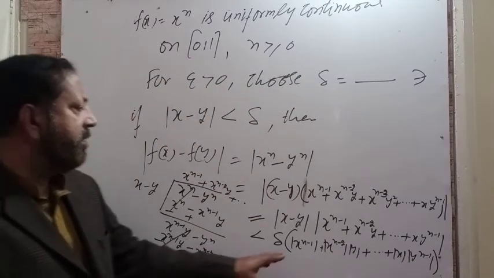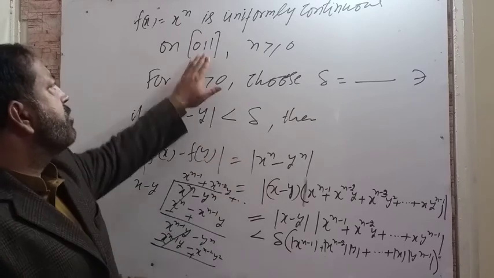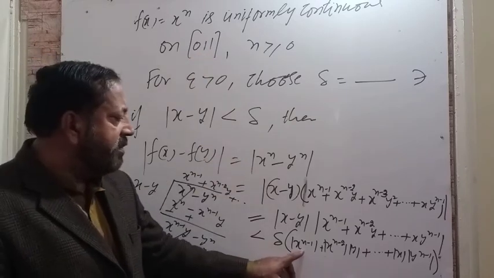You know, each of the numbers belongs to [0, 1]. So that's why each of these must be less than 1.